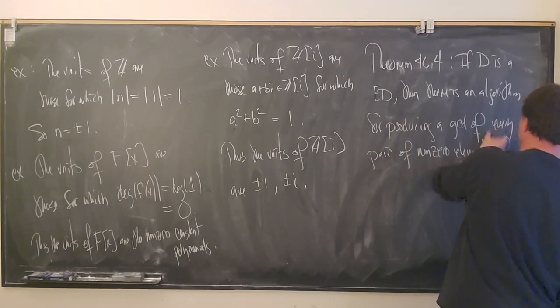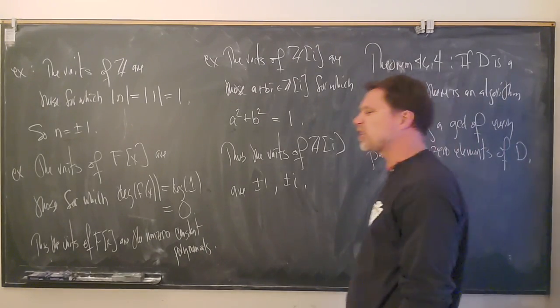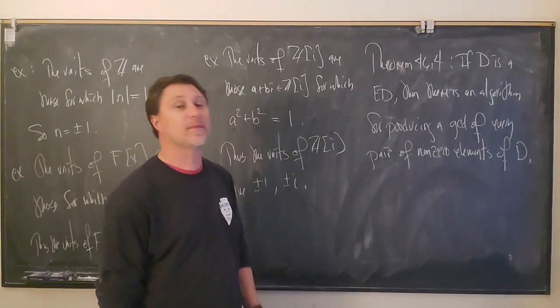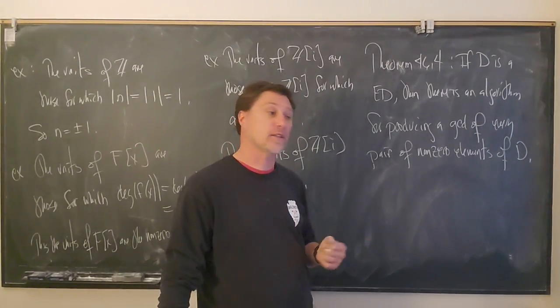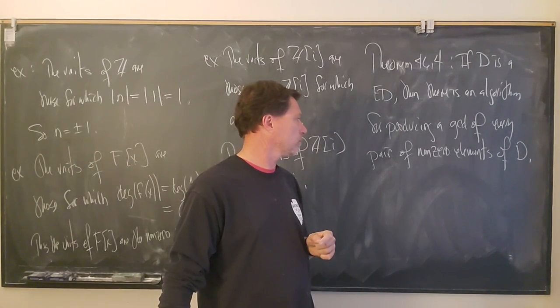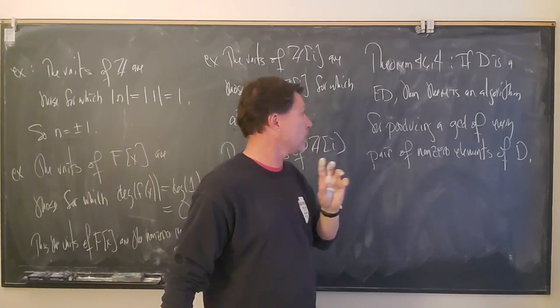And I think I defined GCD either last lecture or maybe the lecture right before, when we were talking about if D is a UFD, then D[x] is a UFD. So there's this generalized notion of greatest common divisor. And so in a Euclidean domain, there's a way to actually produce it.